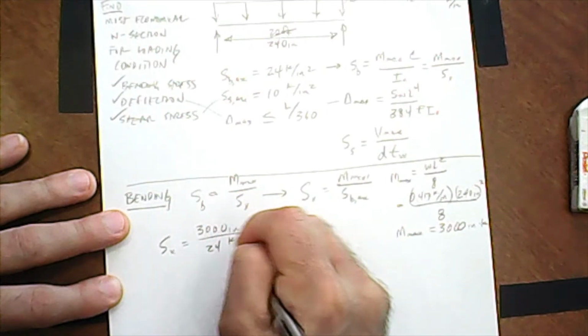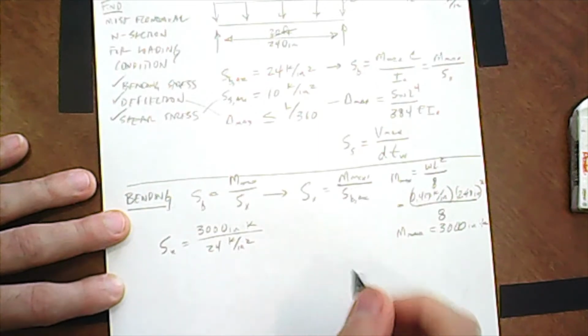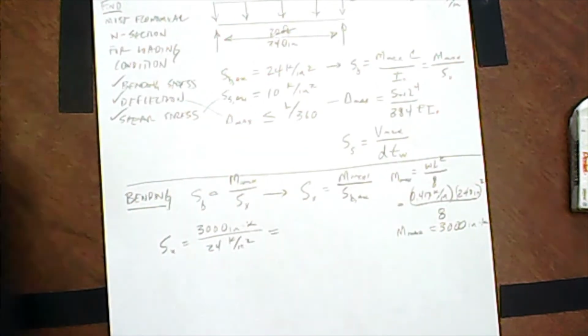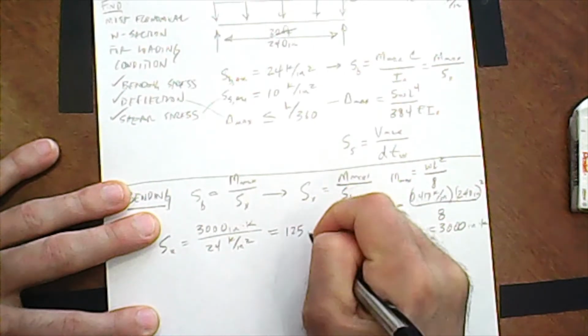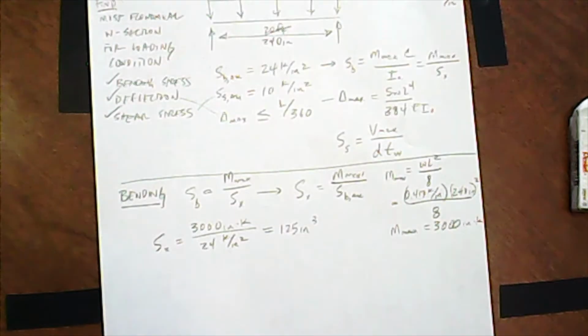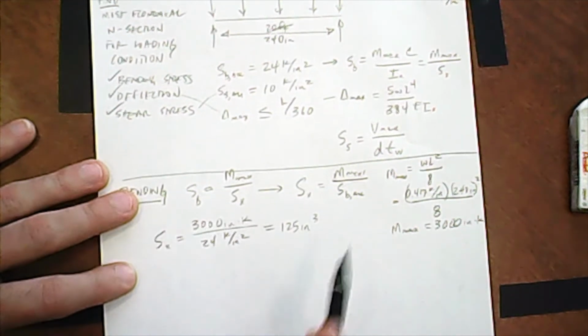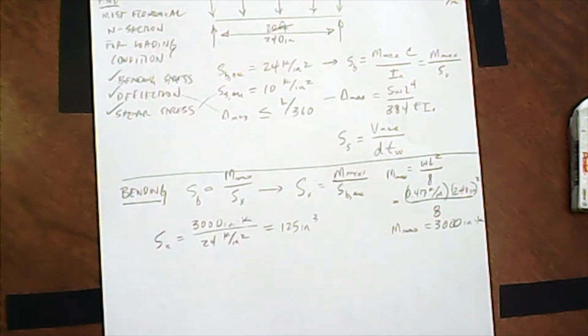Okay, so our S sub x that we end up with is 3,000 inch kips divided by 24 kips per inch squared, because that's our SB allowable. And we get 125 inches cubed. So going to Appendix A, we look for a section modulus that is greater than 125 and has the smallest second number.